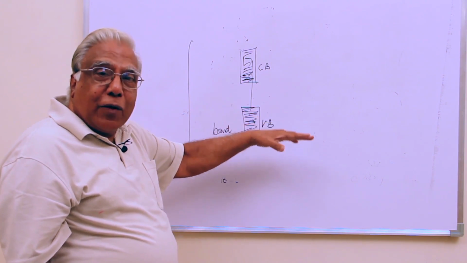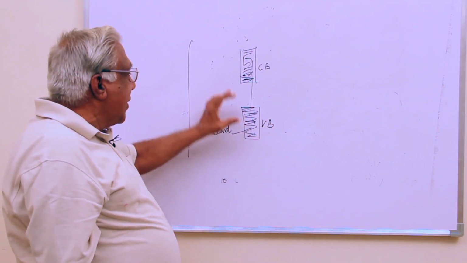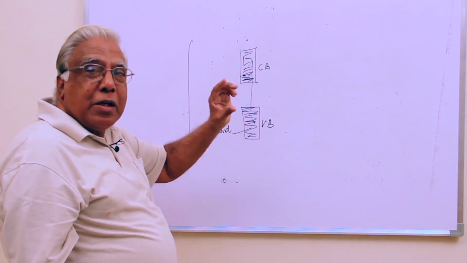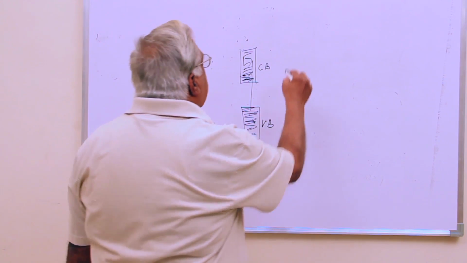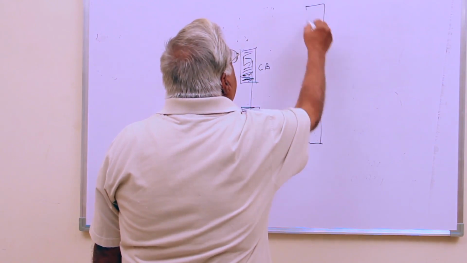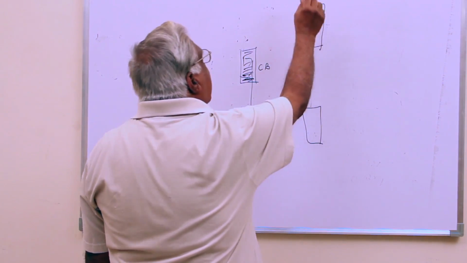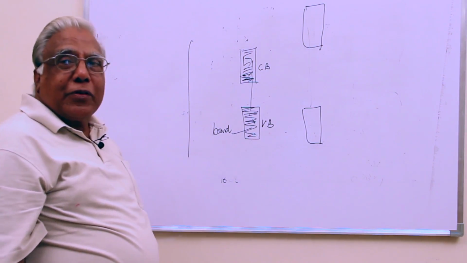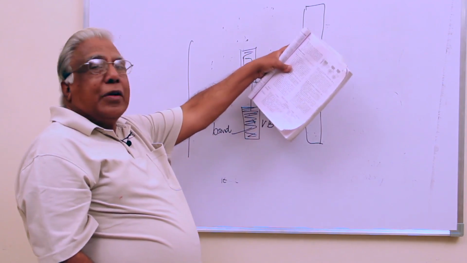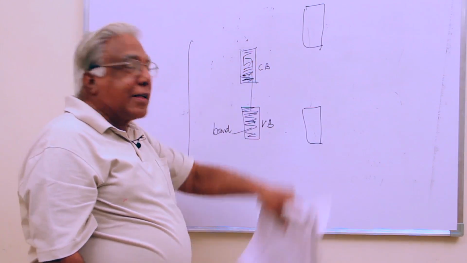So the criterion for a substance to act as a conductor is that the energy difference between the valence band and the conduction band must be low. Supposing the energy difference is very high, between the valence band and the conduction band, then the electrons cannot jump from the valence band to the conduction band.